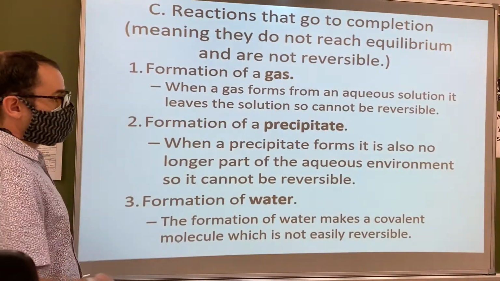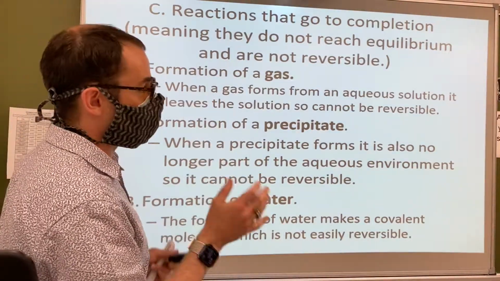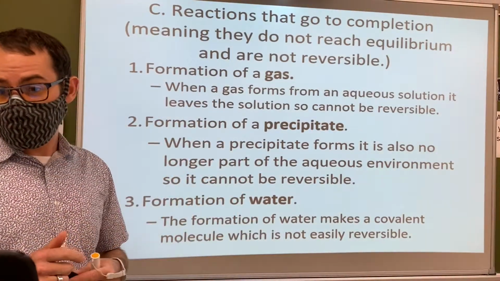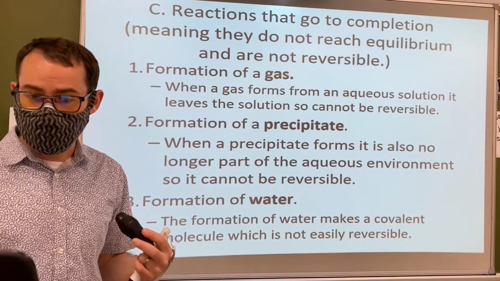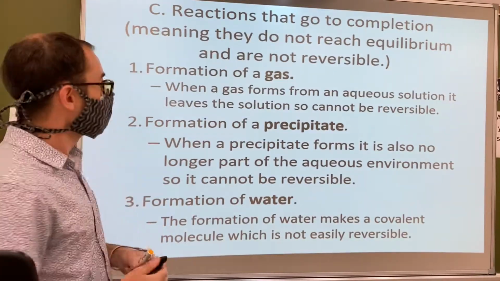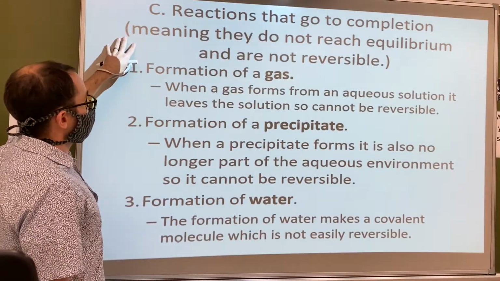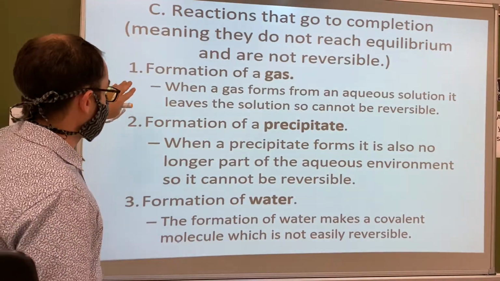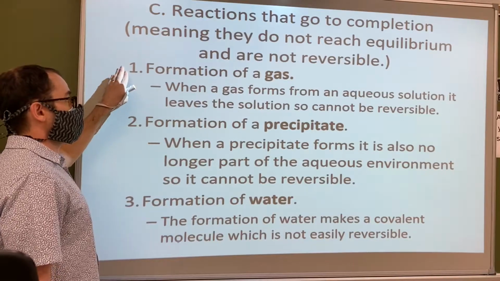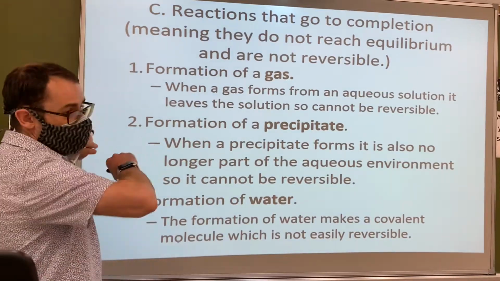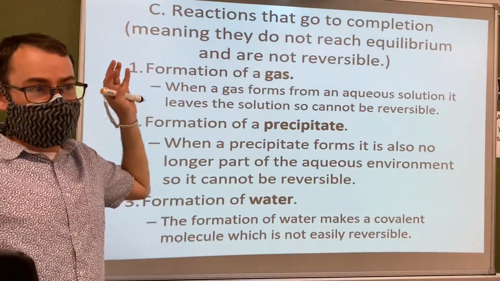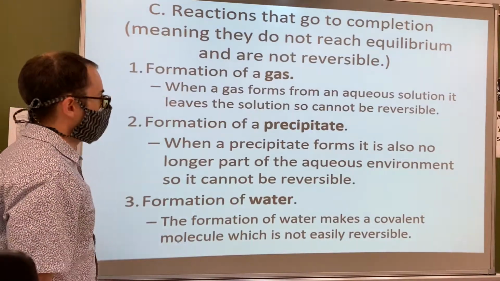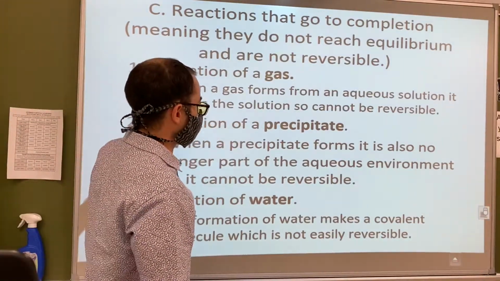All right, and then when do we not have equilibrium problems? So this is kind of like, what situations do we not have equilibrium? Reactions that go to completion, meaning that they don't reach equilibrium and they're not reversible. So if you have something and it forms a gas, the gas floats away. So it can't form back and go backwards because it leaves the solution.